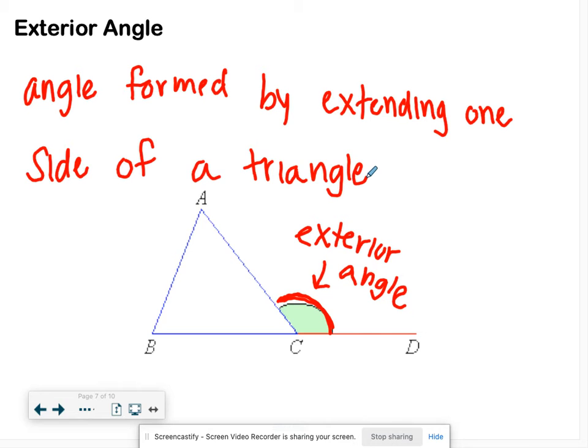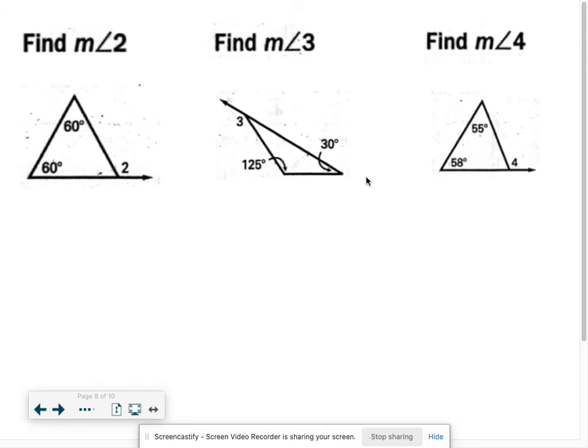Okay, so now let's find some angle measures of these guys and then we'll be done for the day. So our end goal is to find the exterior angle, but before we can figure out what this guy is, we have to find the missing angle of that triangle. So it's the same process that we were just doing. What's 180 minus 60 minus 60?